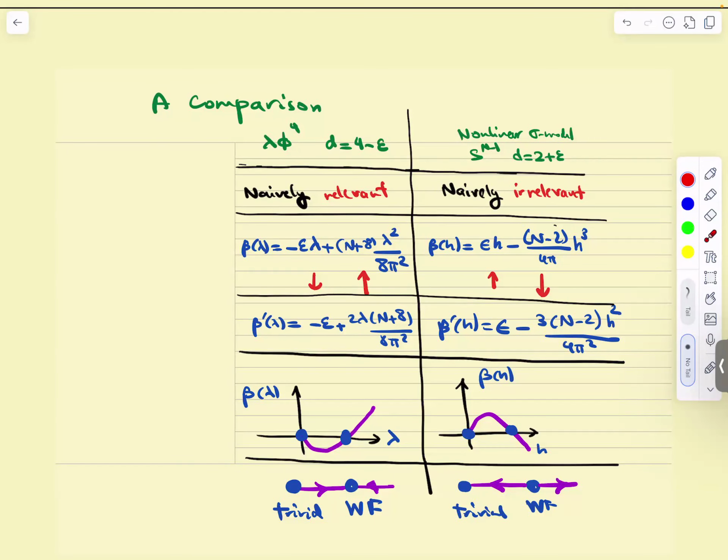Are you flowing towards the infrared, towards the interacting theory, or are you flowing away from the interacting theory? Here's what the beta function looks like here. It goes down and then it comes up, becomes 0 because lambda increases, and here's the IR fixed point. So it's pretty clear that you're flowing from the trivial fixed point toward the Wilson-Fisher.